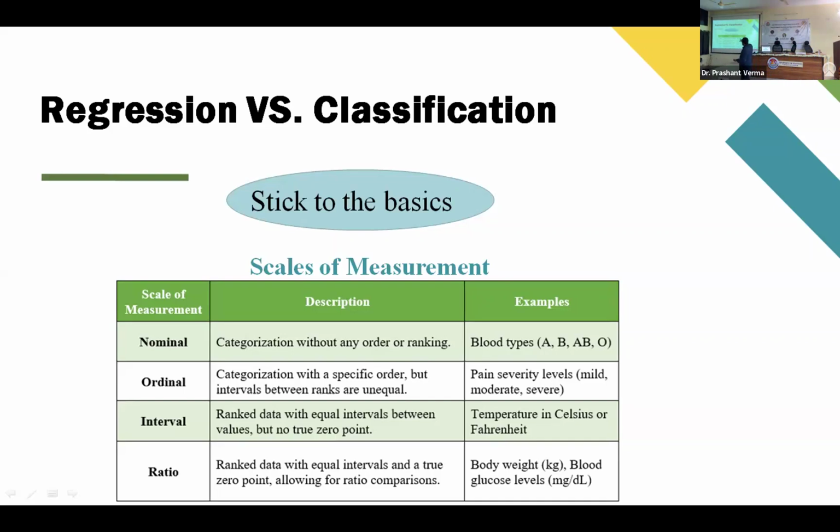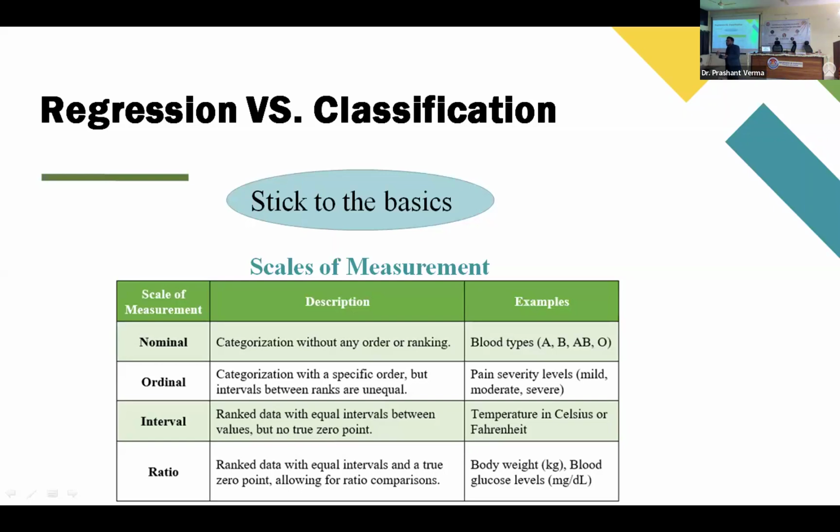On the other side, classification. When we talk about classification, it means your target variable or outcome variable, or your Y, will be a categorical variable. Categorical variable means a variable can take different categories. Like suppose you have taken a loan from a bank.